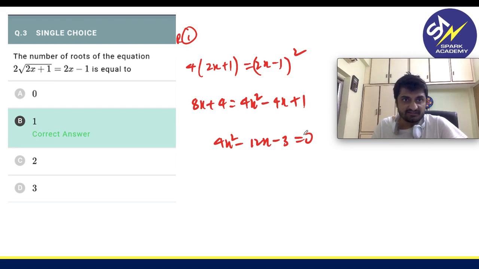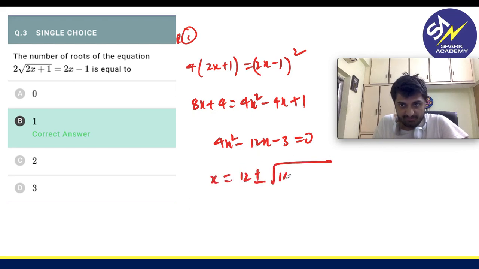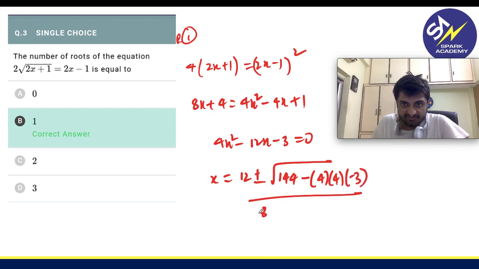So if we are doing this, x will be minus b plus or minus under root of b square minus 4ac, whole divided by 2a, which is nothing but 8. So 12 plus or minus, minus of minus is plus.